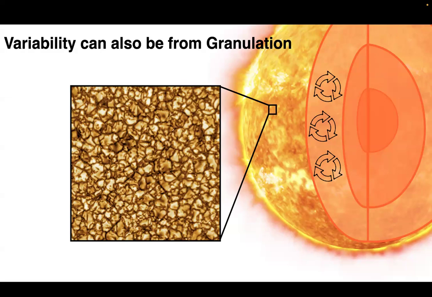And the time scales of this variability actually scale with the size of the granules, which scales with the size of the star. And so it can tell us a bit about the stellar properties. It's not as precise as astroseismology in giving us stellar properties, but it can still tell us information about the star and what's going on at the surface and what the surface gravity is like.